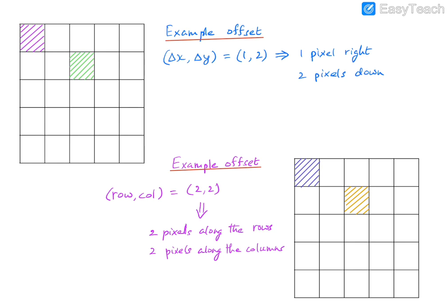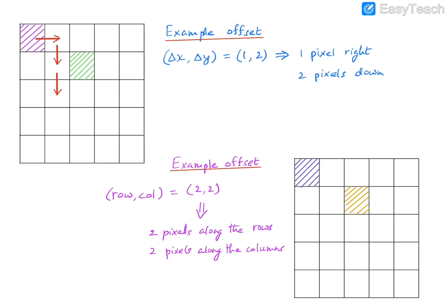So from the reference pixel, we will move 1 pixel to the right. Then after having moved 1 pixel right, from there we have to move 2 pixels down. So we move 1 pixel down here and another pixel down here.